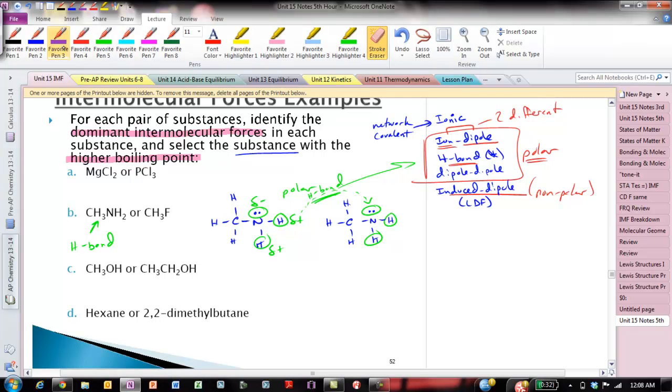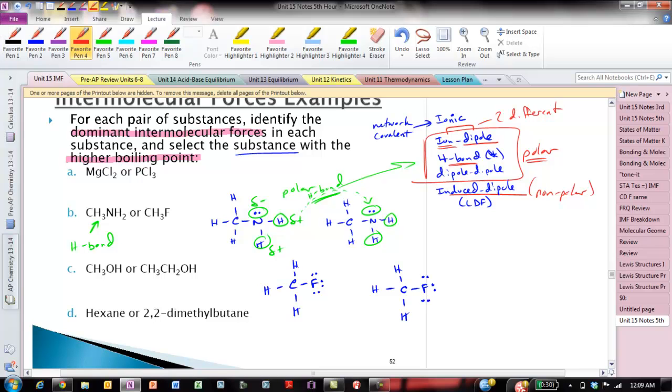So then we're going to look at CH3F, CH3F. And we got to draw two of them for inter. Alright, so then we have to ask ourselves, ionic or covalent? These are covalent, but that doesn't tell us inter.